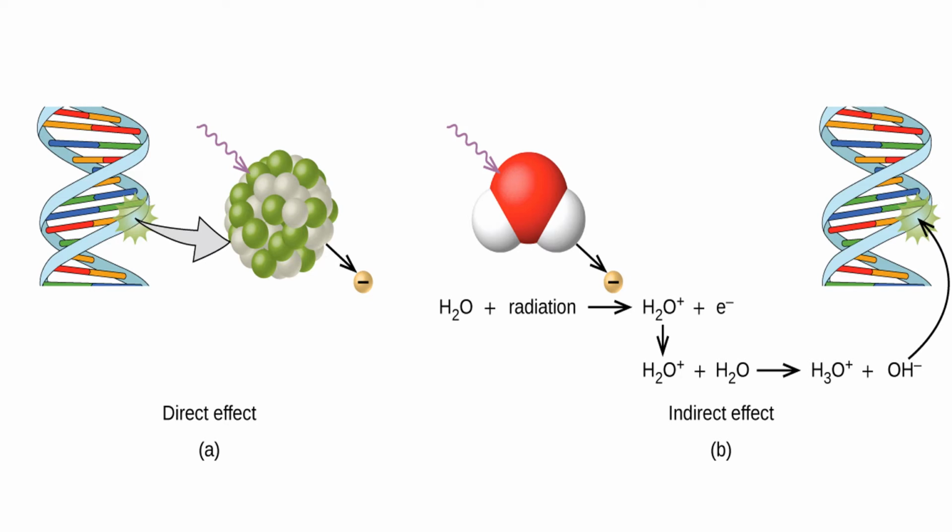In the direct way, it directly releases electrons from the DNA molecules. Hence, a mutation occurs in the DNA molecules which causes harm to the human body. In the indirect way, the radiations or the radioactive molecules activate the water molecules, and they release one electron and form hydronium ions, that is H3O.